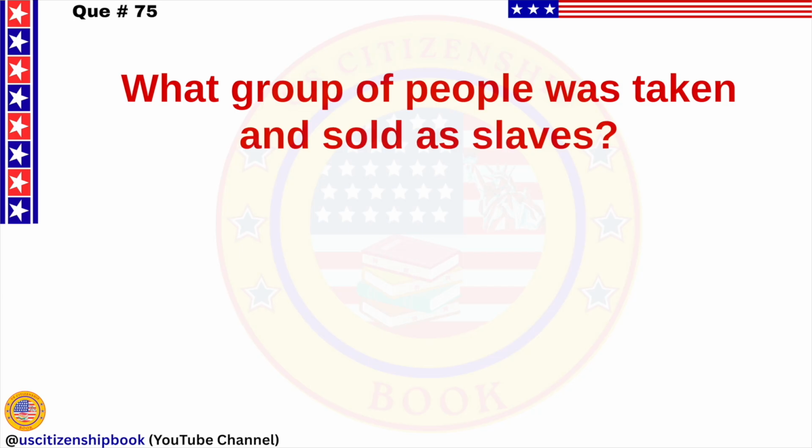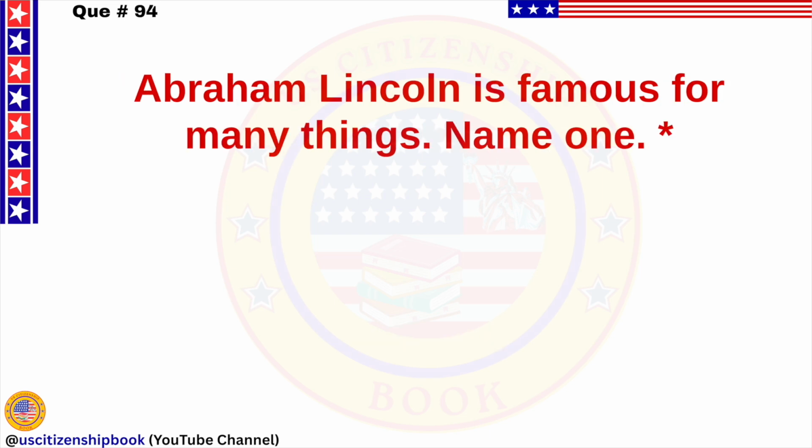What group of people was taken and sold as slaves? Africans. Abraham Lincoln is famous for many things. Name 1.